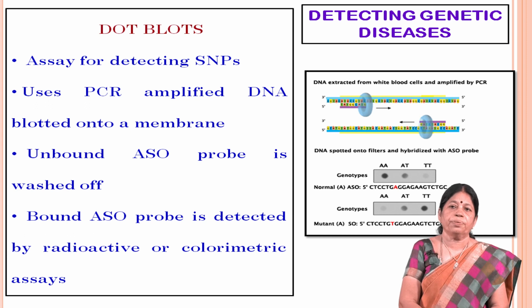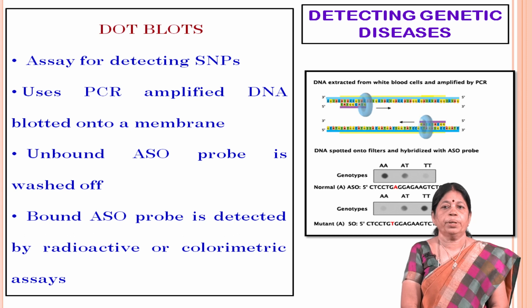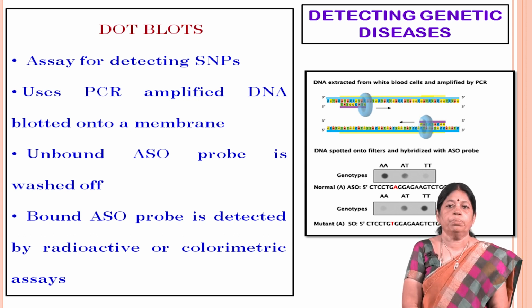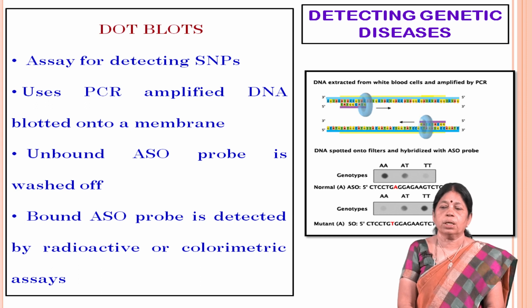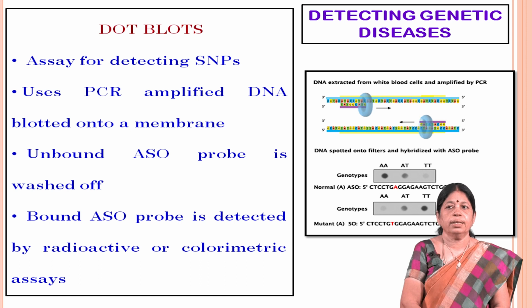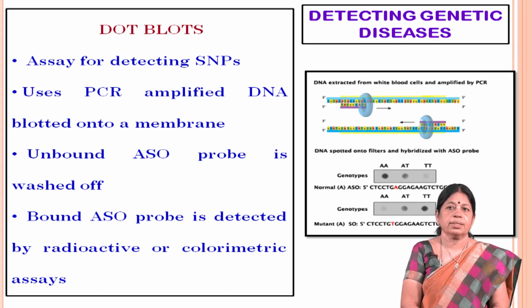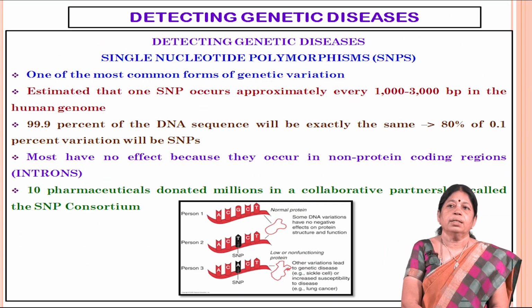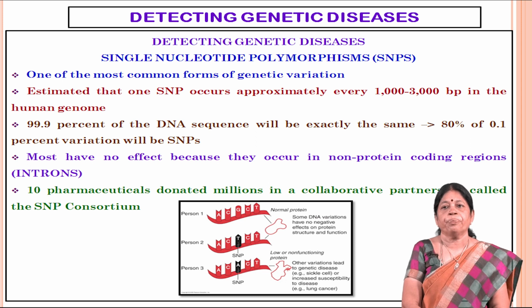So the PCR amplified DNA is blotted onto the membrane. Then the unbound ASO probe is washed off, and the bound ASO probe is detected by radioactive or colorimetric assay methods. We can diagnose the genetic diseases. Next, detecting the genetic disease, that is the single nucleotide polymorphism.